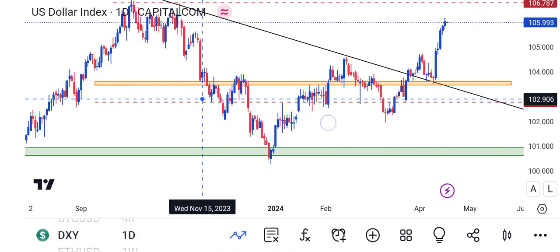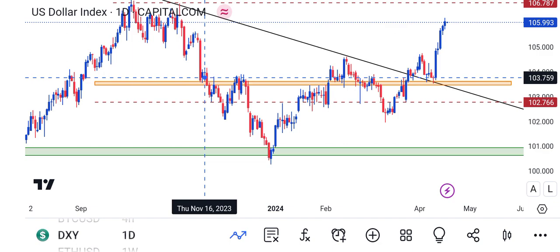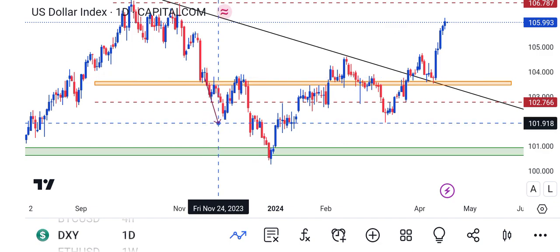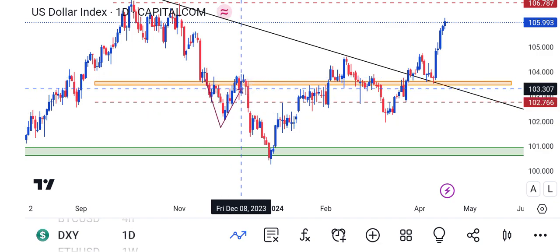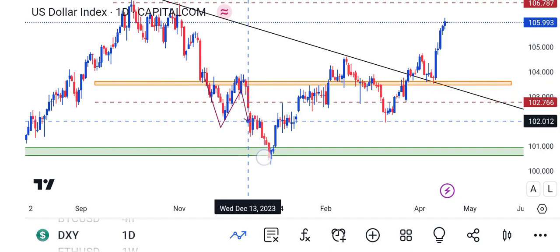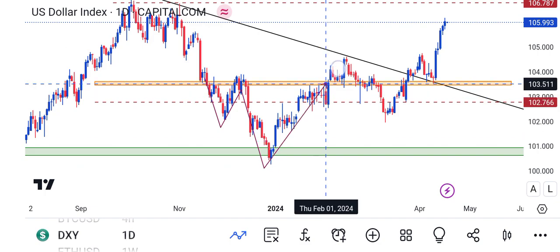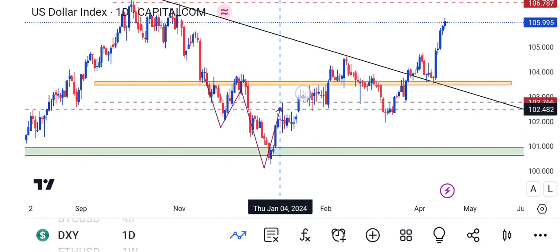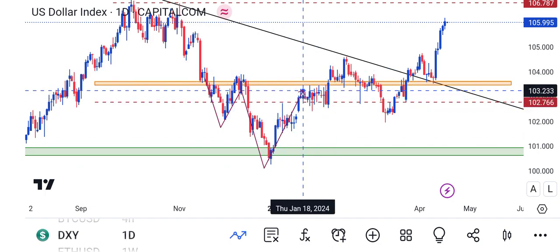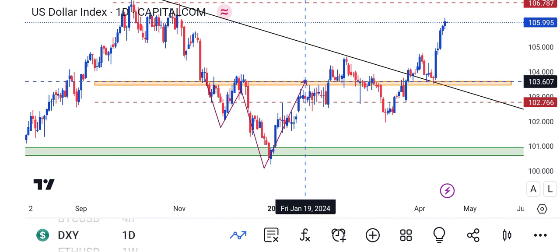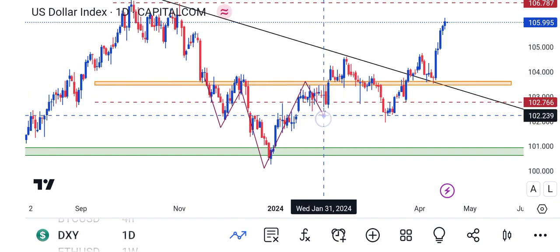So from here, this is the left shoulder, this is the neckline, this is the head, this is the neckline, this is the right shoulder.